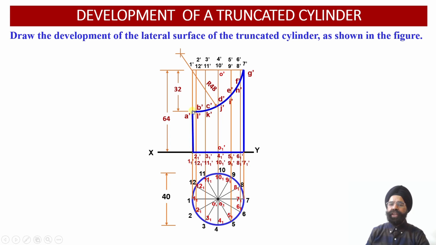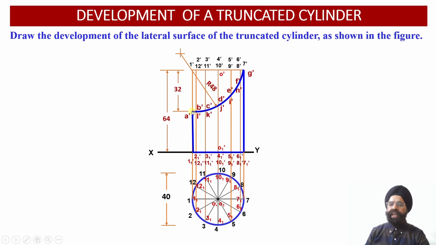Now we have to locate 2 points. One point will be the point A dash, which is the midpoint of the vertical edge 1 dash 1 dash, and the second point to locate this arc will be the point 7 dash.